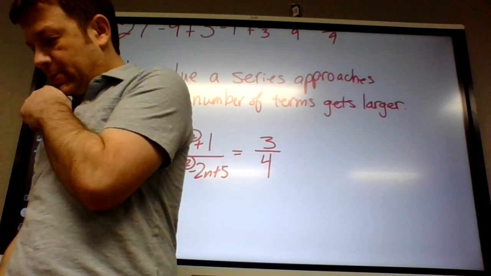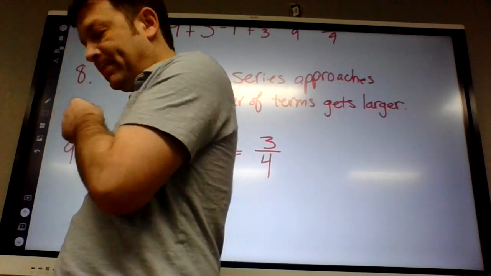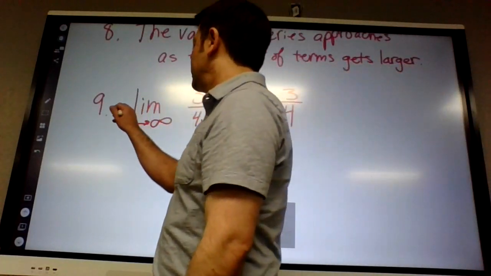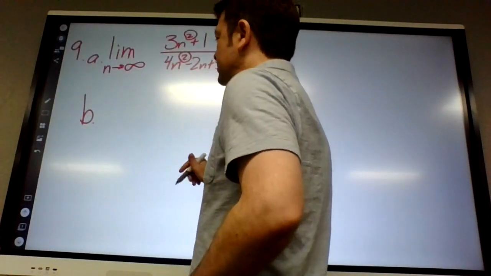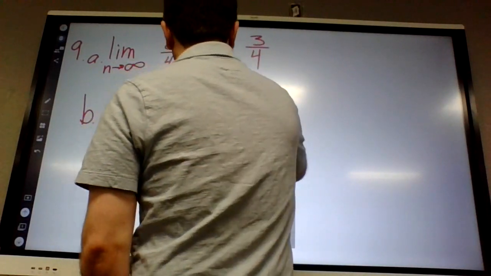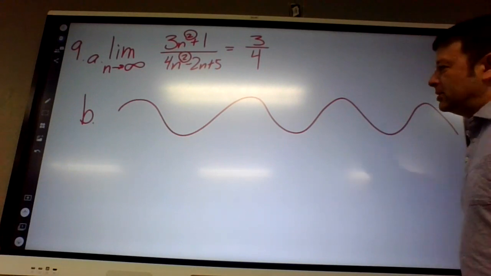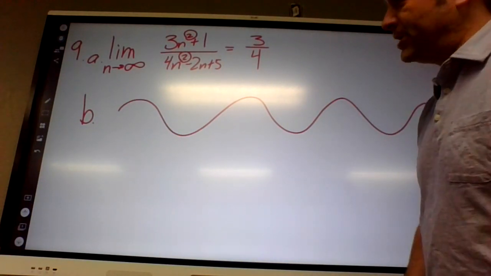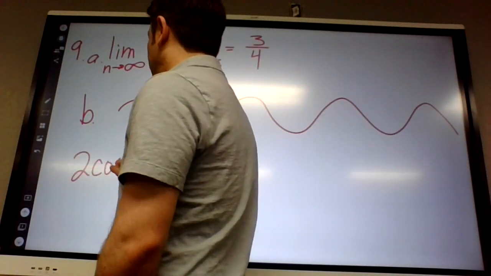What was the other one? Cosine. Yeah. Okay. Do you guys remember what the cosine graph looks like? It goes from -1 to 1, over and over. So if you put a number in front, what happens to the graph when you put like 2 cosine of x?